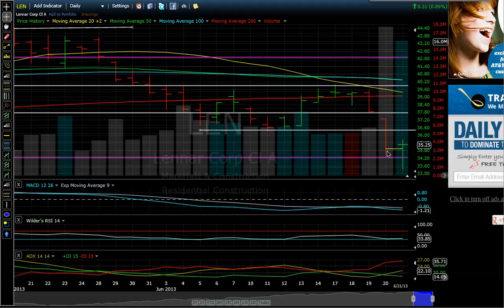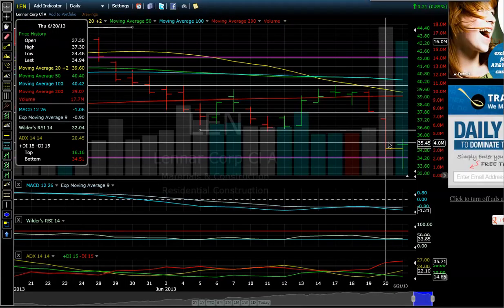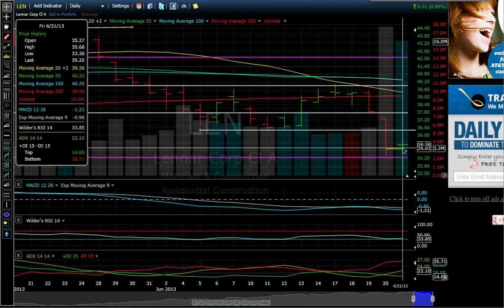But the RSI here, of course, shows higher, 33.85. But at this level that the stock was at, when it dropped below here, it was already at 32.04. This easily would have taken that out. So once it read oversold, buyers quickly got in.